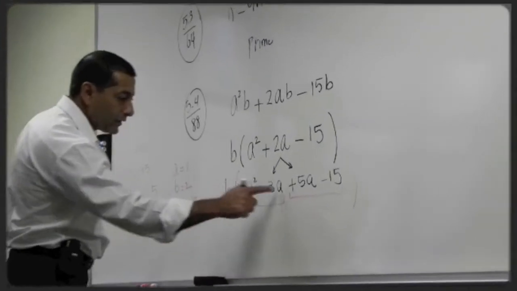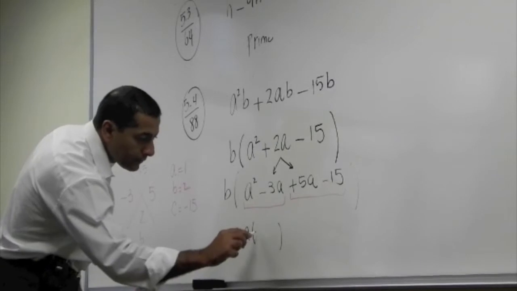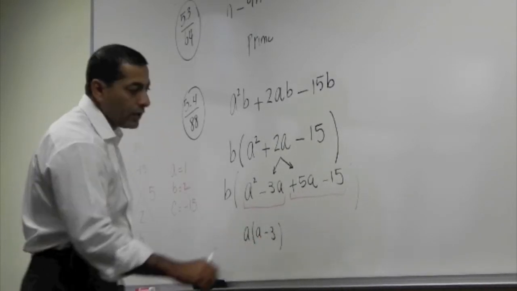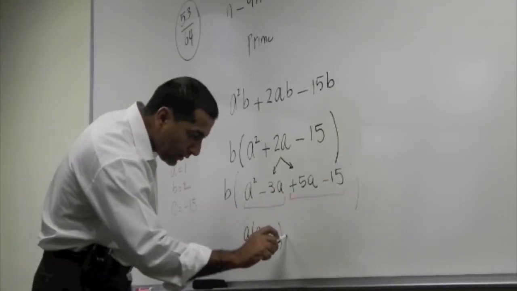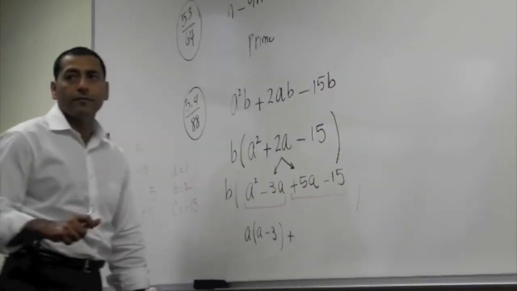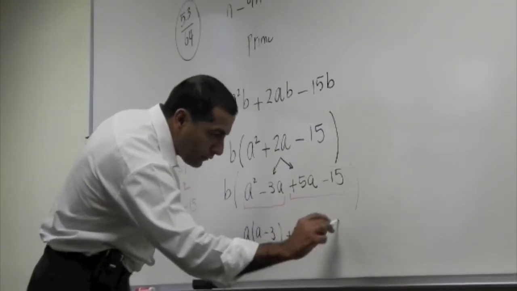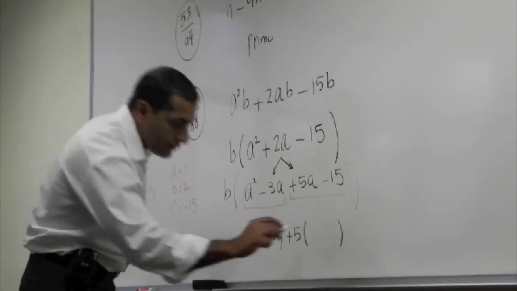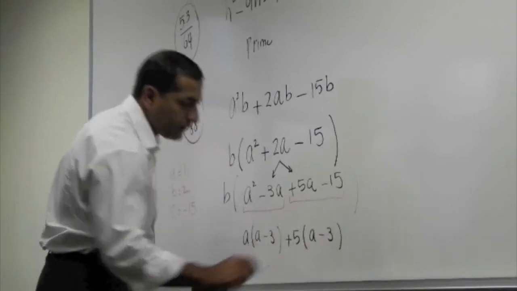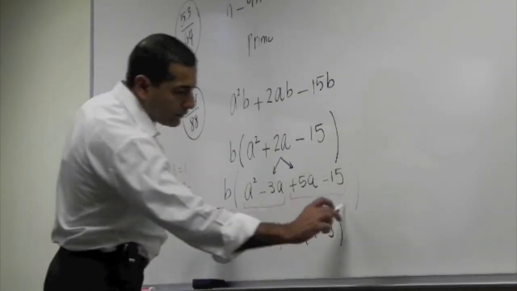If I factor this a out, what are you going to have left inside the parentheses? a minus 3, very good. The middle term is positive, so I'm going to write down positive and carry on. Between 5a and negative 15, what's the greatest common factor? 5. If we factor 5 out, what are you going to have left? a minus 3. Very good. Again, this b will continue to be carried on as it is, because we're not doing anything with the b.